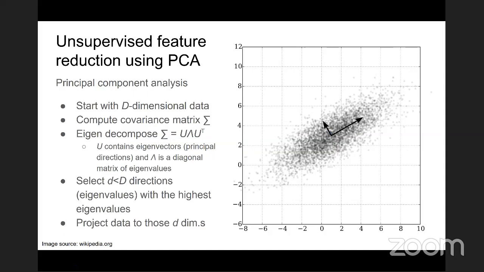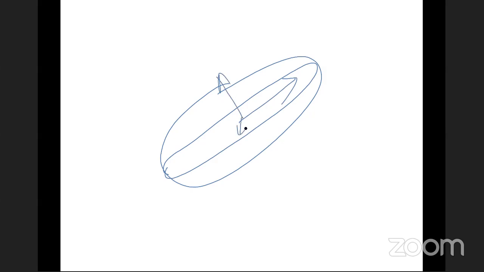I don't know how to draw in 3 dimensions, but I will try. Let's say you have this, but then in the third dimension it is small like that. So this is your first principal direction, this is your second principal direction, and the thickness would be your third principal direction.